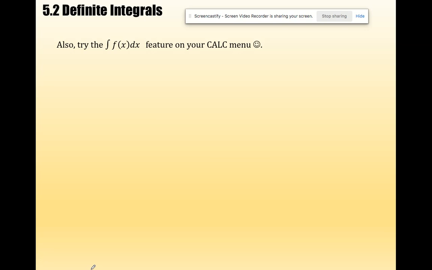So I want you to hit, so you still have a function in y1, right? Your x squared minus 9 in y1. If you erased it, go put it back. X squared minus 9. Now, hit the second trace, you know, like you would do to find your zero or your min or your max.